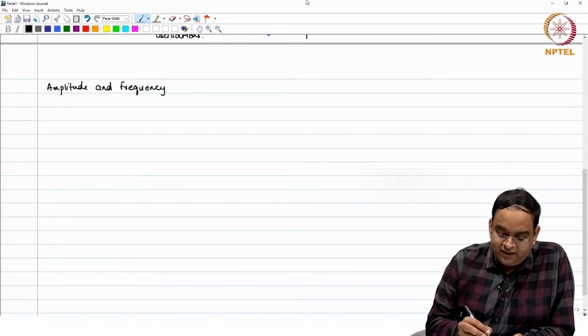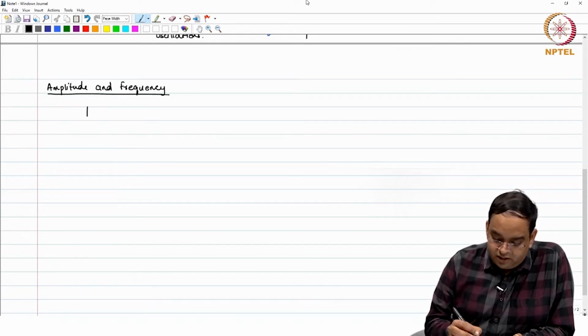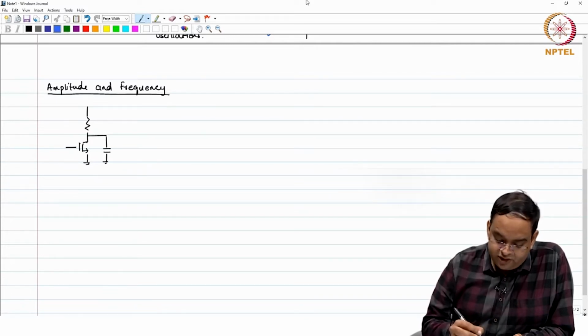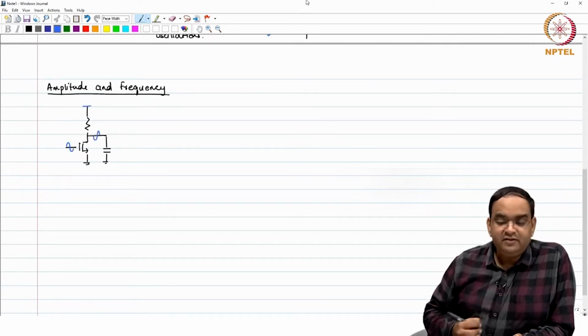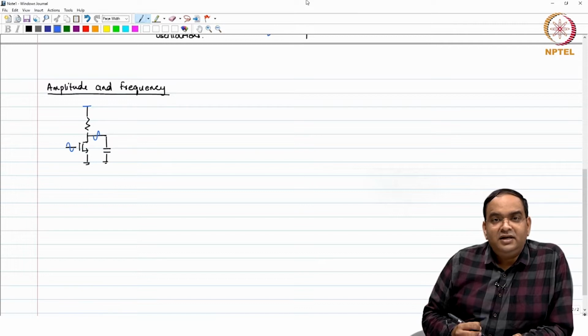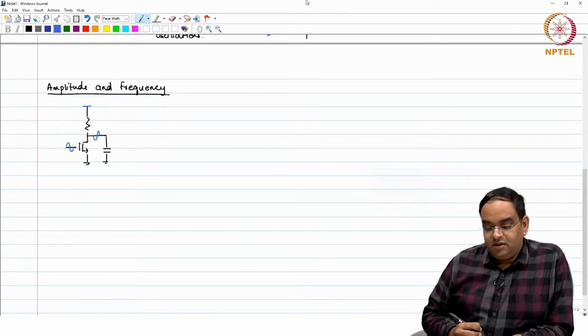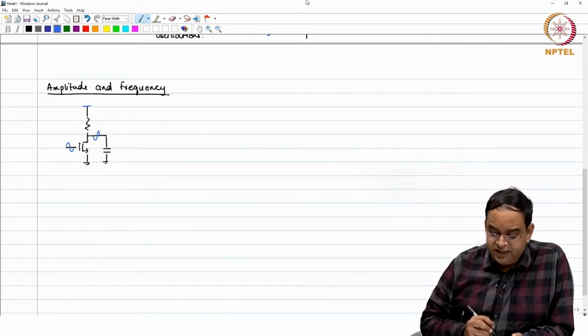So, in the example which we have seen, when the input changes or you have any swing at the input, the corresponding output also varies, and the current does not remain constant in this transistor, or you can say the main transistor for this stage for the delay from input to the output.